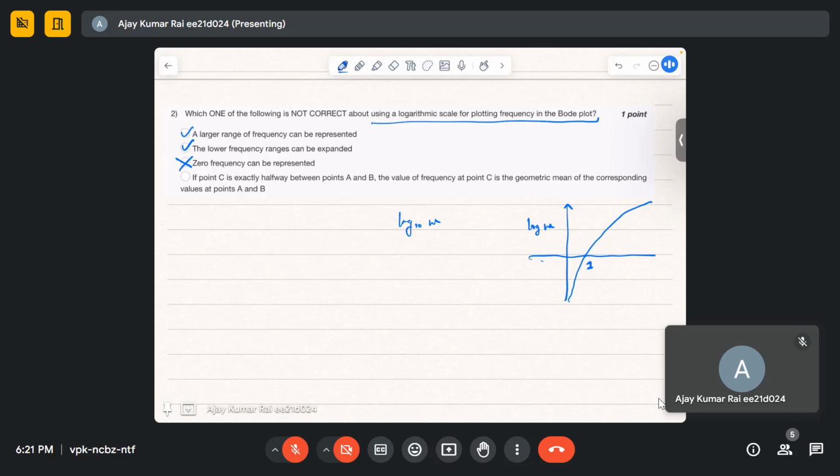The last point is, if point C is exactly halfway between A and B, the value of frequency at point C is the geometric mean of the corresponding values at points A and B. So A and B, and we have point C. If point C is exactly halfway between A and B, the frequency at C is the geometric mean.